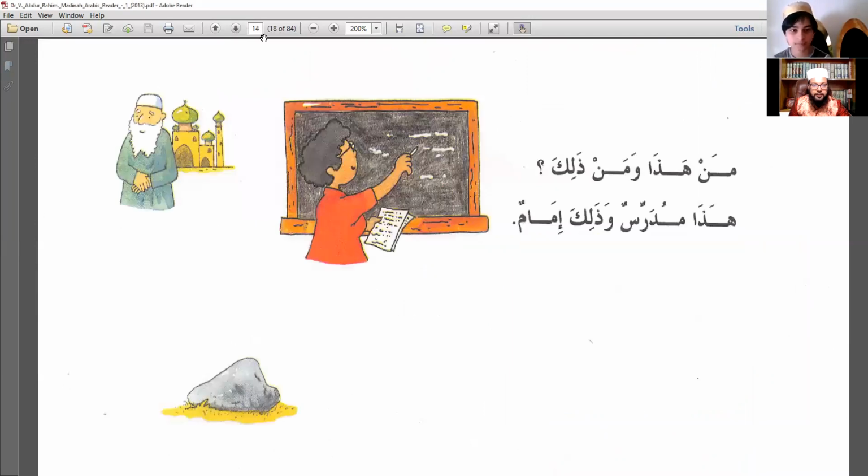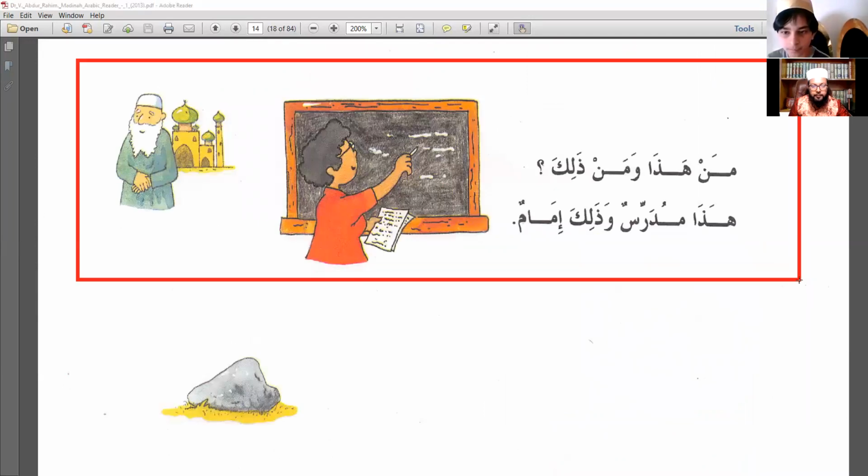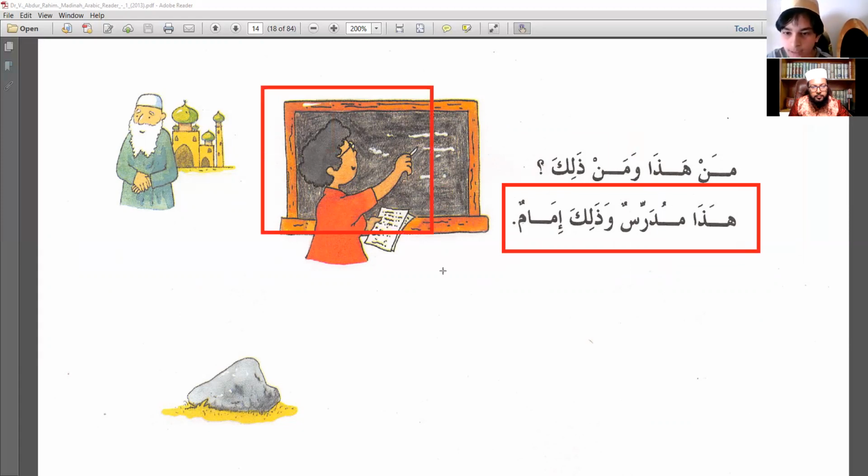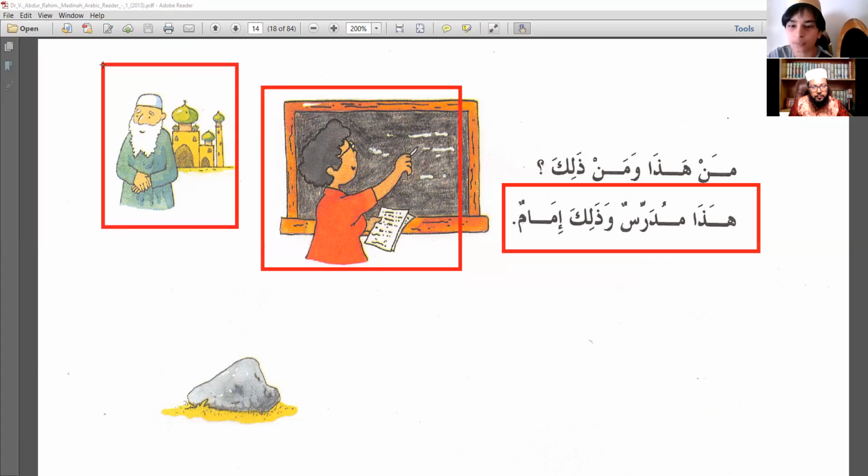So next page, you can see here: من هذا ومن ذلك؟ Who is this, and who is that? Very good. What's the answer? هذا مدرس وذلك إمام. This is a teacher and that is an imam.